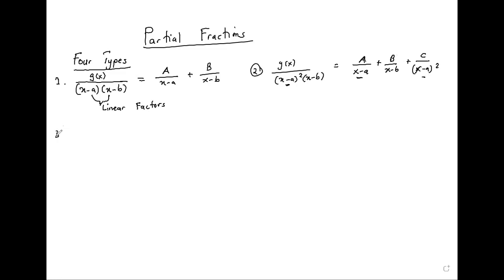The third one is if you have g of x over x squared, maybe plus a, and then x maybe plus 1, then it will be ax plus b over x squared plus a, plus c over x plus 1.